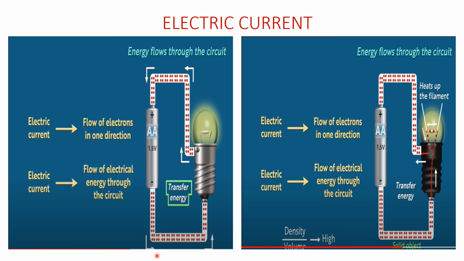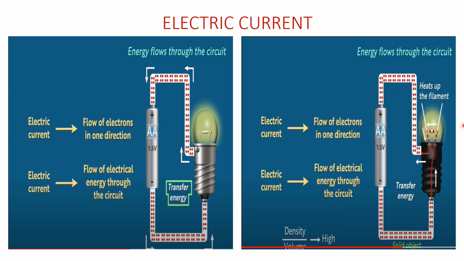This energy, as you can see, also flows through the filament and out from the second terminal. So this way the energy is transferred from one terminal of the bulb to the second terminal out into the circuit. But how does the energy flow between the filaments?